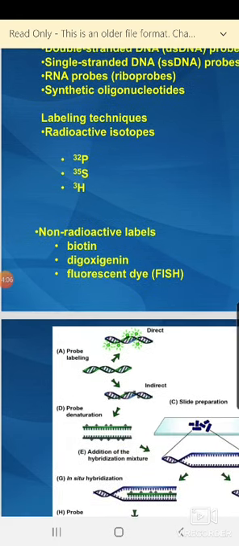Non-radioactive labels are also there, biotin label, digoxigenin, that is also another chemical we can use. Then the fluorescent dyes, there are so many chromophores which are fluorescent. These are very common to visualize the cells.